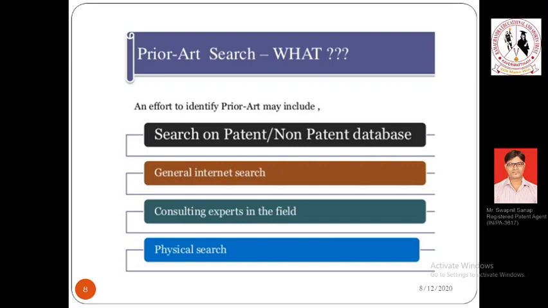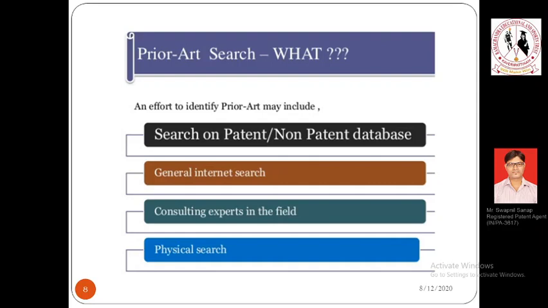So they cannot be used interchangeably, but normally when we talk, under a very thin line of difference, we refer to a prior art search as a patentability search, because anything that is available in the art is referred to as prior art, and anything that impacts the patentability of the invention is called a patentability search. So these are all used interchangeably.